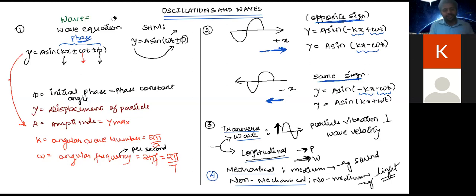A wave is a disturbance which transports energy from one point to another.